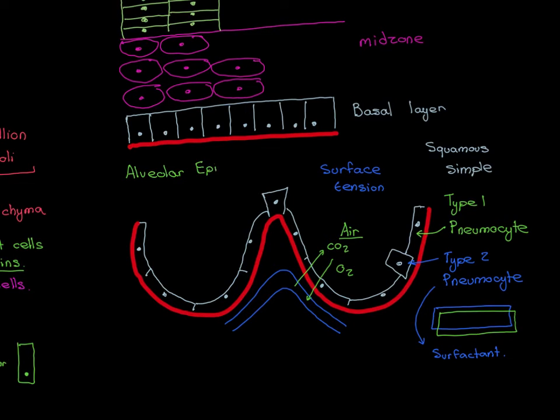Underneath the basement membrane, you're going to have connective tissue, and in that connective tissue, you're going to have immune cells, and this will be important when I come on to discuss the inflammatory response to an influenza infection. So underneath here, you're going to have immune cells.